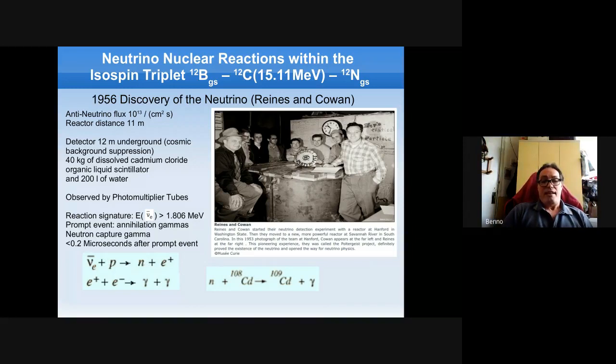The neutron then is thermalized and captured by the cadmium atoms, cadmium-108. So it absorbs this neutron to create cadmium-109, leaving a photon which can also be observed. So the observation of these three gamma quanta was the signature to really detect these antineutrino reactions.